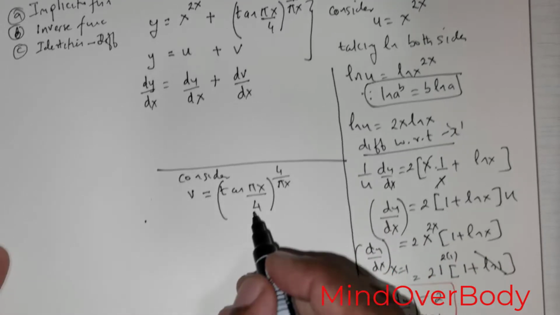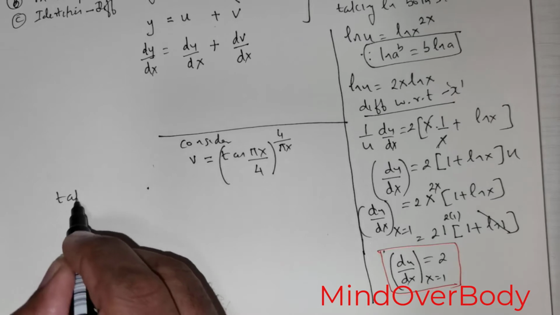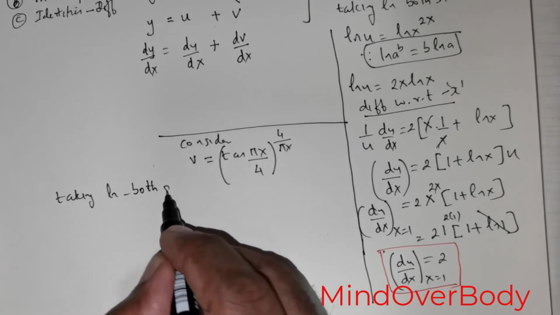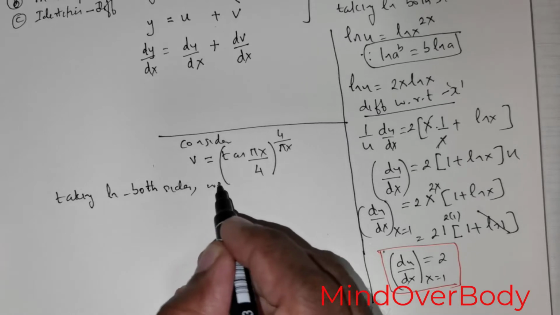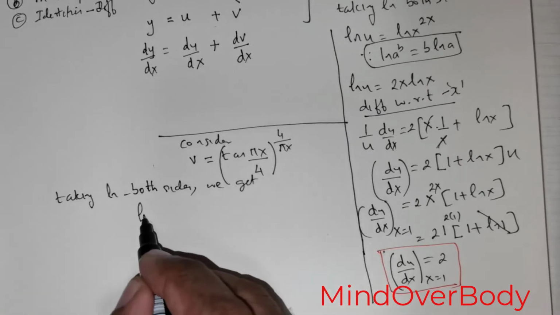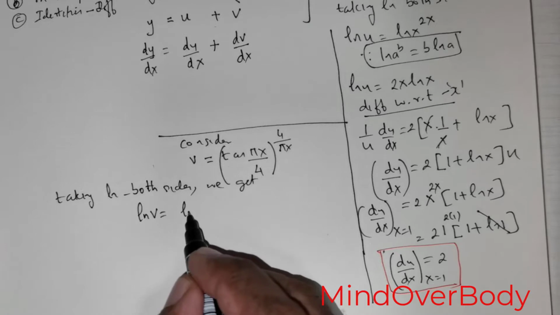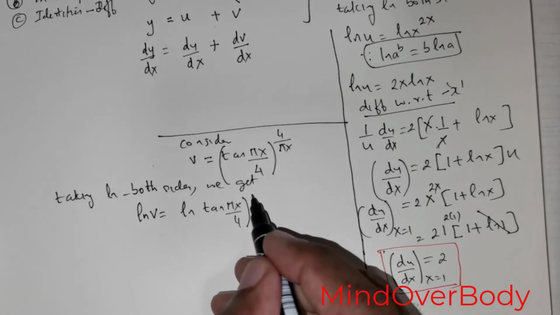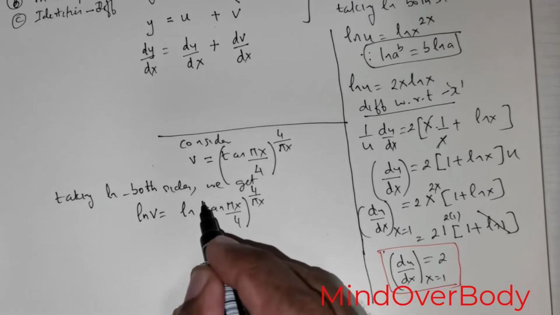Now we take ln on both sides, so I'm going to be stating that taking ln on both sides, we get ln v is equal to ln of tan(pi x over 4) raised to the power of 4 over pi x.